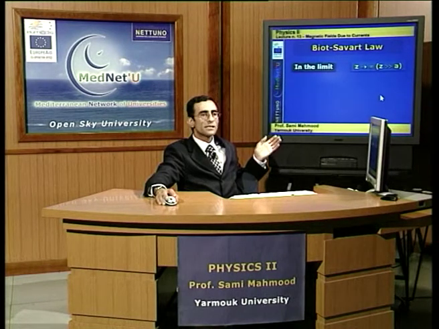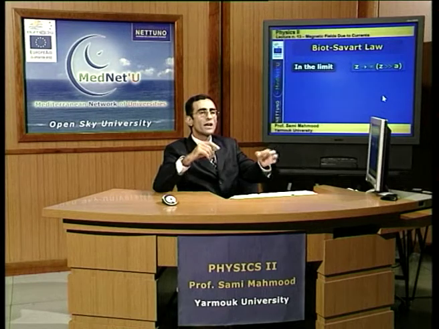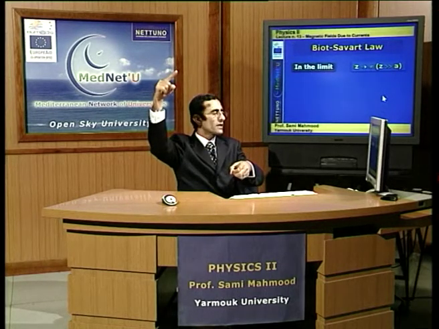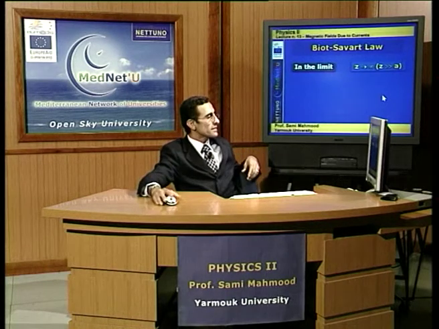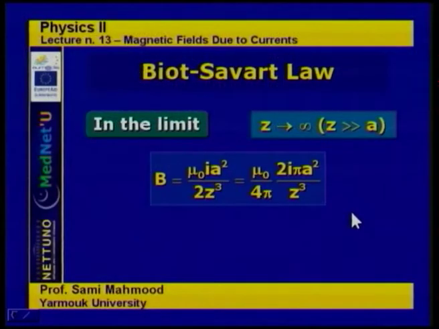And in the limit as z goes to infinity, that means if we have a loop and we are interested in evaluating the magnetic field far away from the loop at the axis, at z much larger than the radius of the loop, then z is much larger than a, and we can eliminate a in the brackets in the denominator, and we obtain B equal to mu naught I a squared over 2 z cubed, which is mu naught over 4 pi, we multiply by 2 pi over and above, times 2 I pi a squared over z cubed.